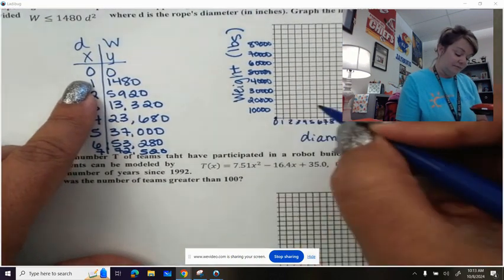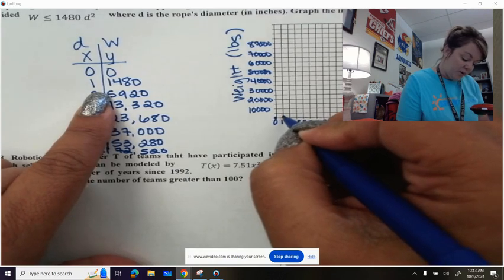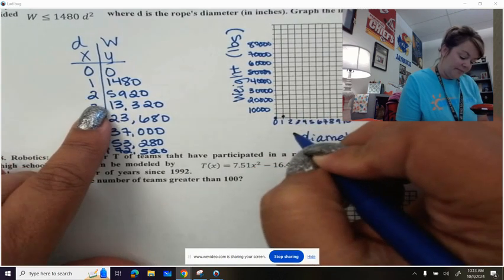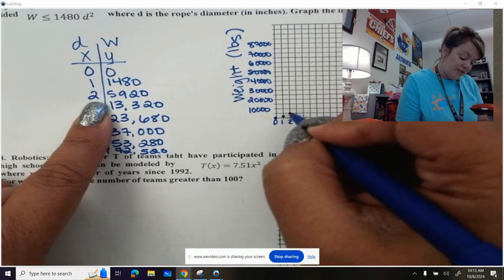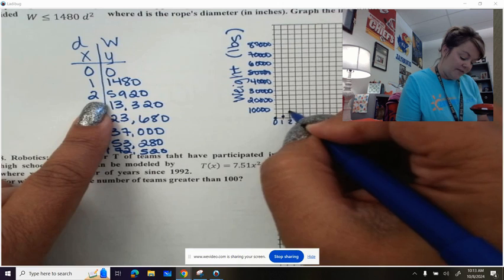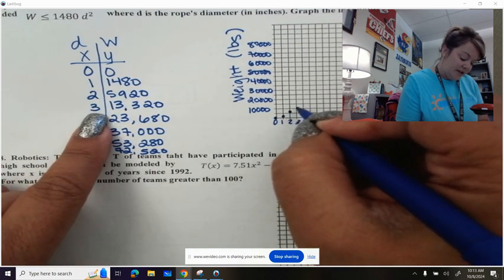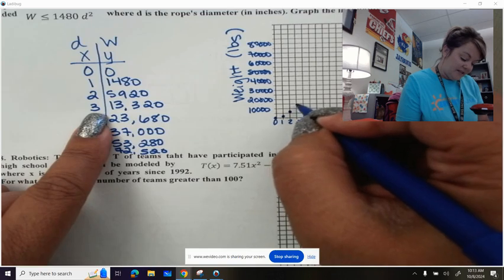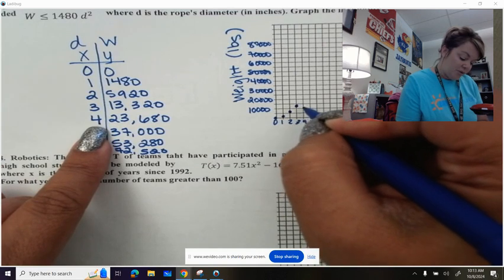0, 0, 1, and 1480. So if this is 5,000, 1,480 is just going to be a little bit up. 2 is at 5,920, so this is 5,000, so I'm just going to go right above there. 3 would be 13,000. So this is 10, this is 15, so 13 would be about right here. 4, I'm at 23,000.